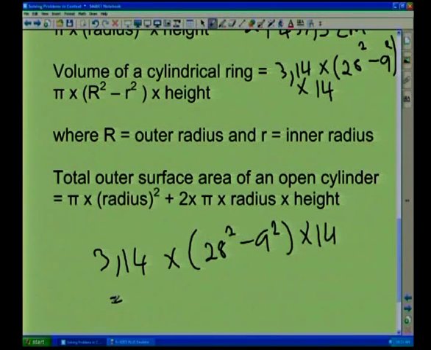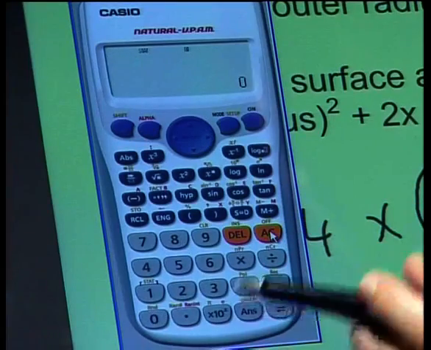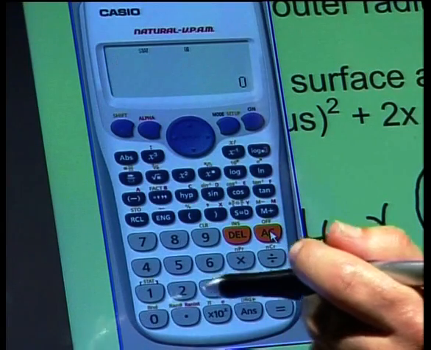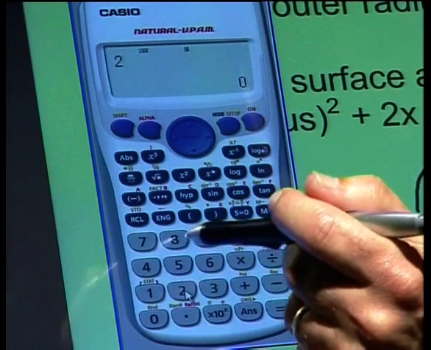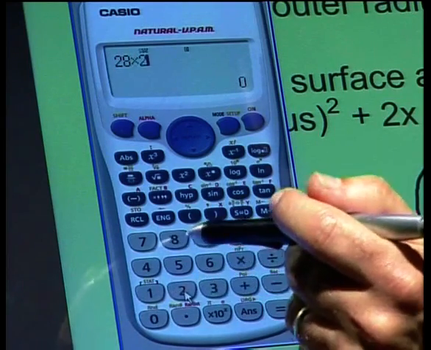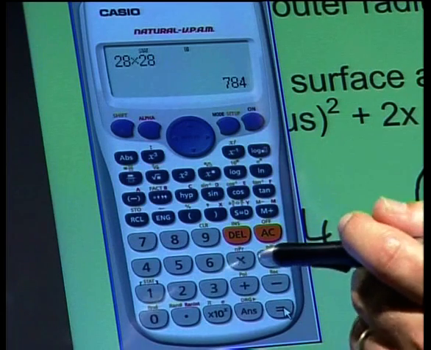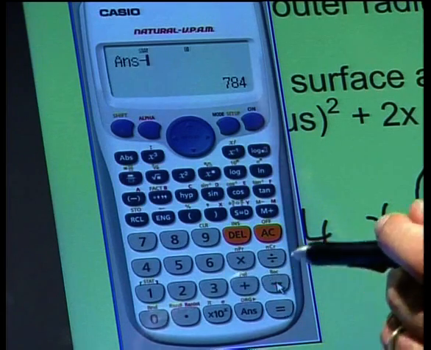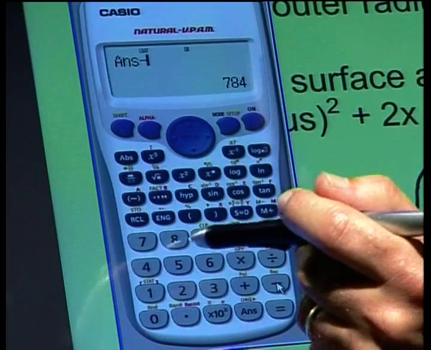Let's go and do that on our calculator, and we'll clear away all this data. I'm going to start with the brackets, 28 times 28, which is 28 squared, and we'll subtract 9 squared, which we can just do in our heads again. 9 times 9 is 81.